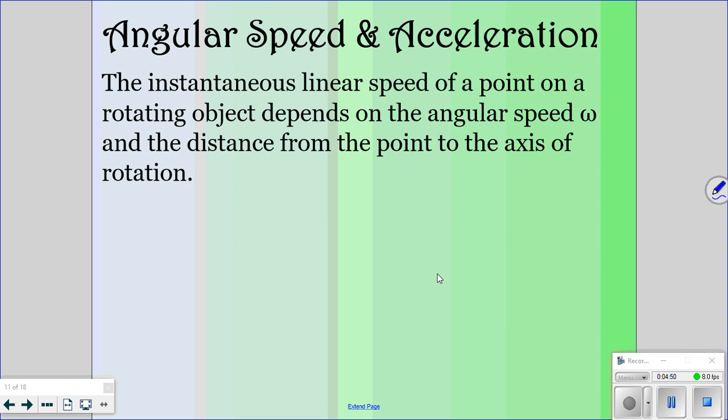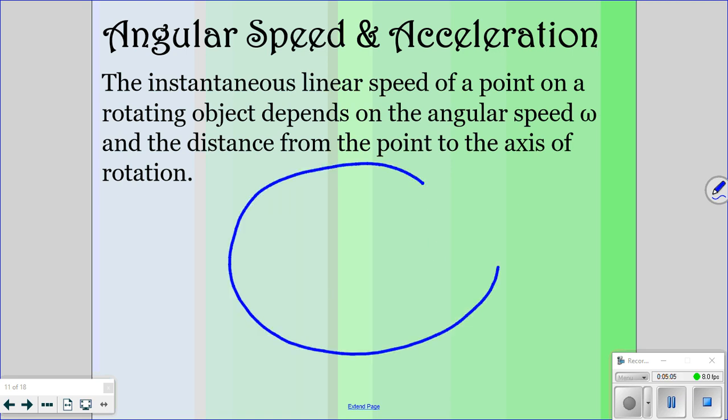For instantaneous linear speed of a rotating object, it's going to depend on the angular speed and the distance from the point to the axis of rotation. So if I draw that big wheel, well, that's not going to be a very good circle. If I draw that big wheel that I had, and this is the center of it, here compared with out here.